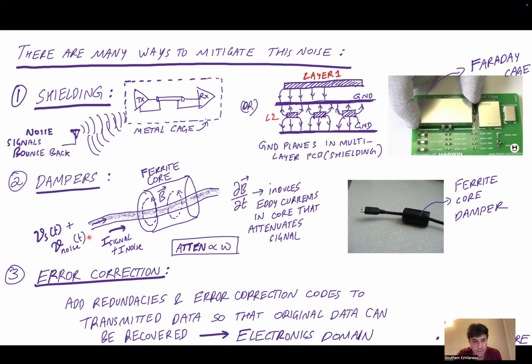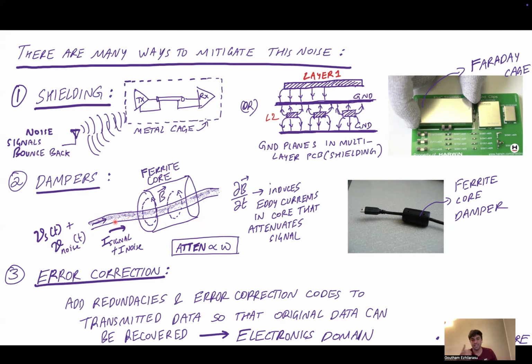Imagine that the signal traveling along this transmission line is the signal that I sent, Vs of t, added to some noise signal induced by nearby radiating sources. This noise voltage signal is going to induce a noise current in the transmission line, and this noise current creates its own magnetic field, which is varying with time.